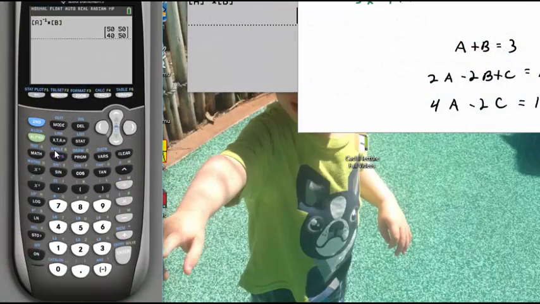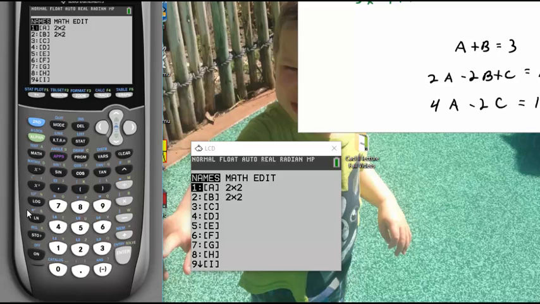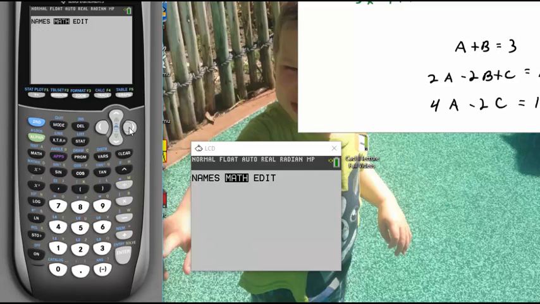On the calculator, exit out, get to the home screen. Now go into matrix, which is, as you probably know already, second function x to the negative 1, right? x inverse. Over to edit. And you're going to plug in the full augmented matrix, okay?